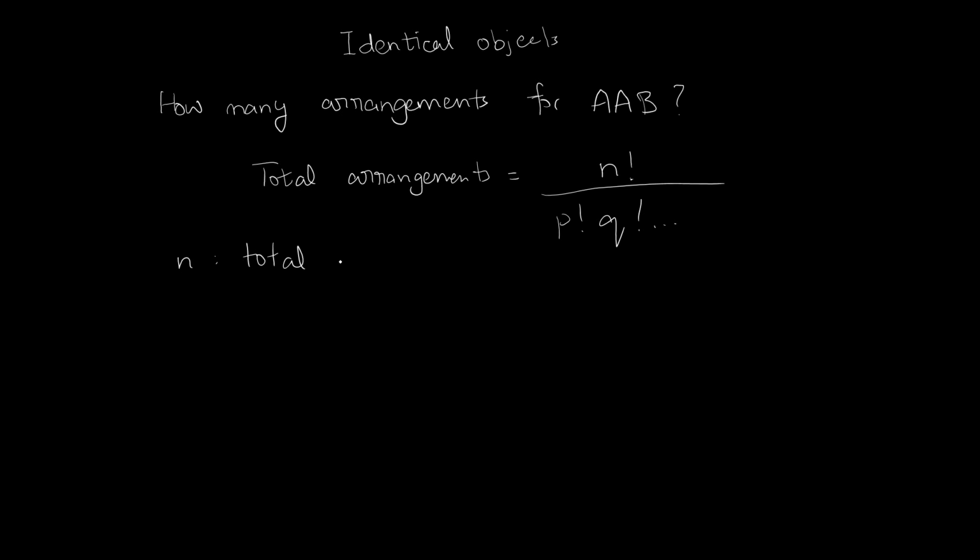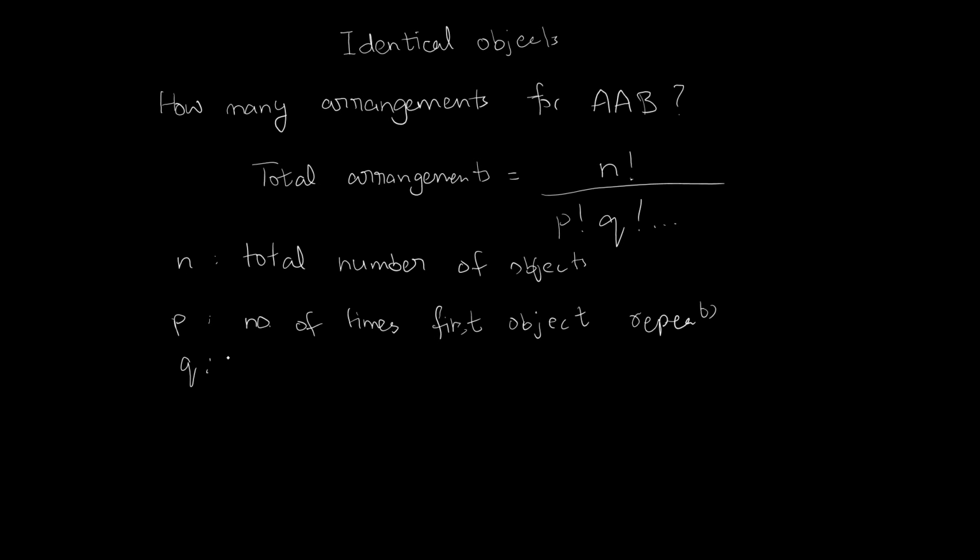So, in that case, n would be the total number, and let's say p is the number of times the first object is repeated, and similarly for q, the number of times the second object is repeated, and so on and so forth.